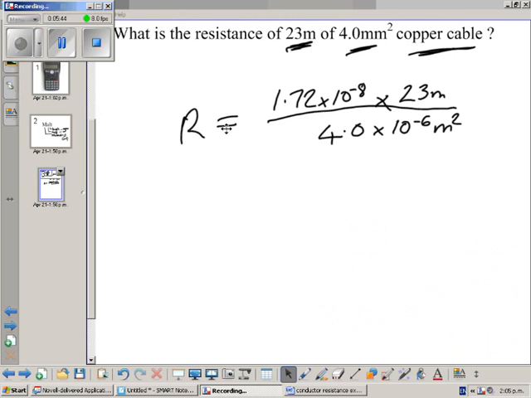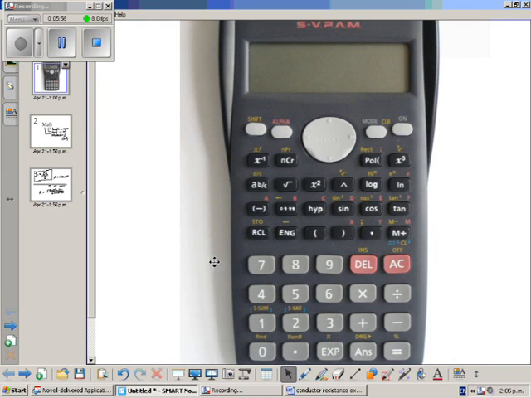Let's go back to our formula. 1.72 by 10 to the negative 8 times 23 meters divided by 4 by 10 to the negative 6 meters squared. You can put that straight in your calculator. Let's look at doing that. So I would put a bracket in first.